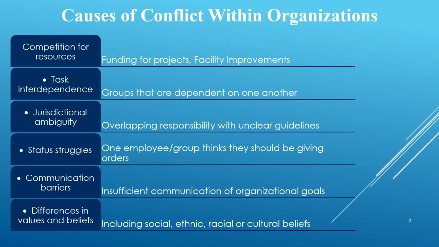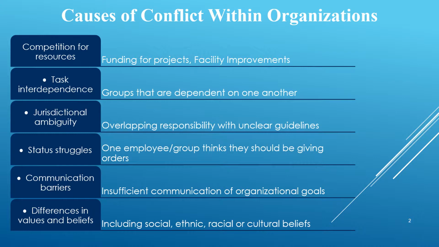Communication barriers. So if we do not, as managers, communicate the goals of our organization in a clear and consistent way, and if our team members aren't aware of those goals, then that can cause contention because if they're not doing their jobs the way we need them to, then that could cause conflict. And so we want to make sure that we are communicating exactly what we need to do.